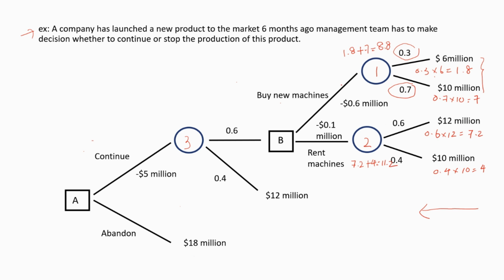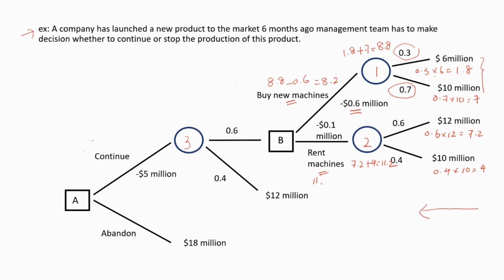Now we have to calculate the expected value for the buy new machine option and rent machine option. So the expected value for buy new machine equals 8.8 minus 0.6. This 0.6 is the cost. This equals 8.2.